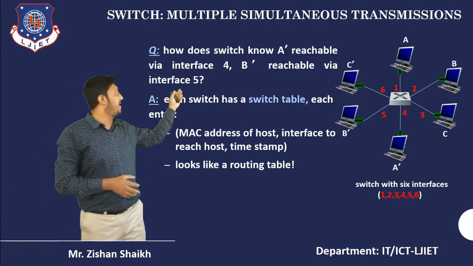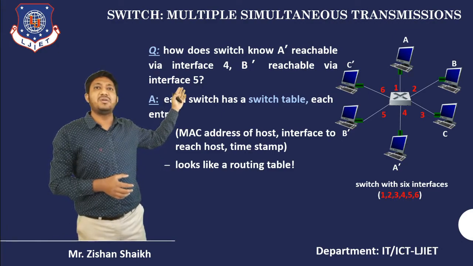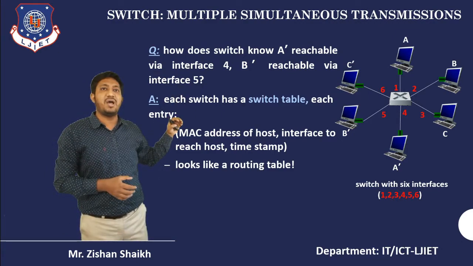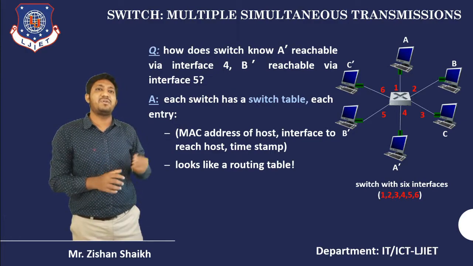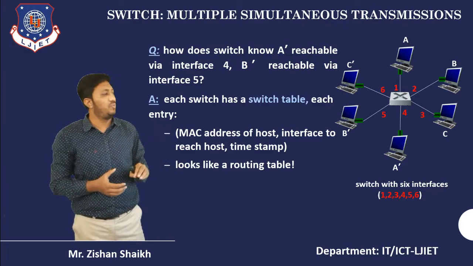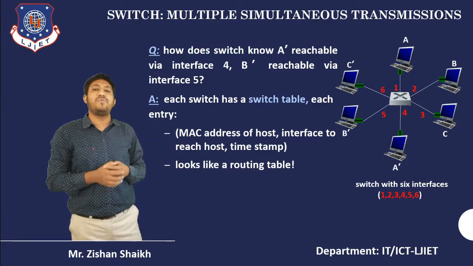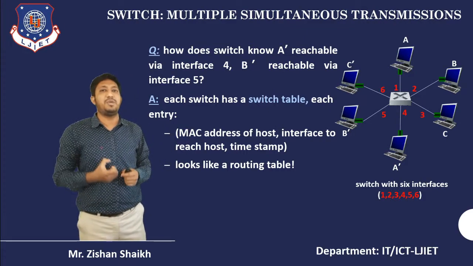The question is: how does the switch know that A dash is reachable via a particular interface? How can we reach B dash? Initially, if the source is not aware of the route, how does the data reach the destination? For that, our switch device maintains a switch table.